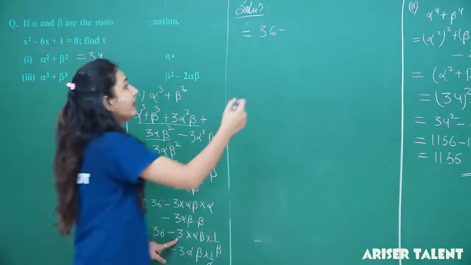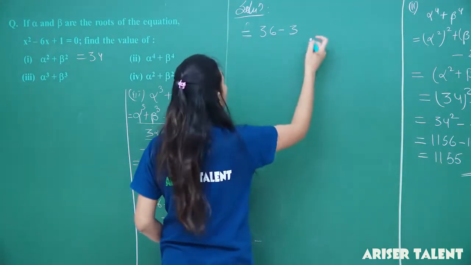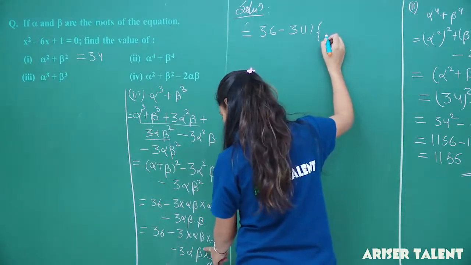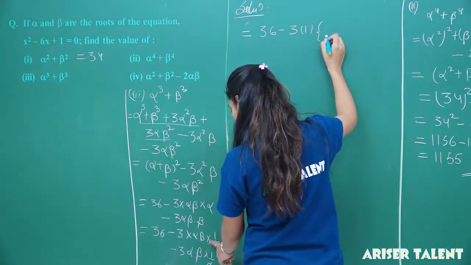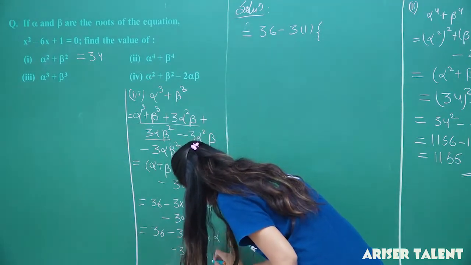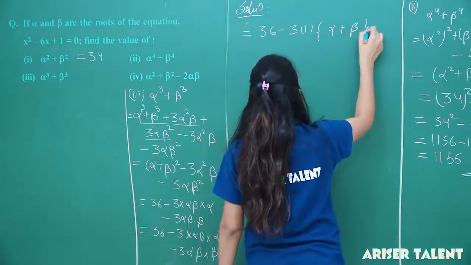So, I can take minus 3 alpha beta. Now, alpha beta's value is what? 1 multiplied by 1, and in common it will be what? It can either be alpha and beta also, right. So, here it will be alpha and here it will be beta.